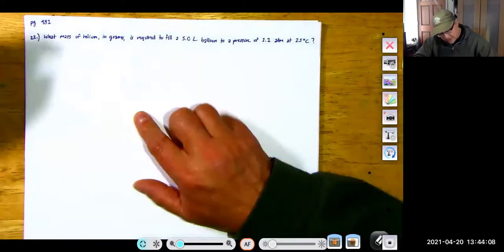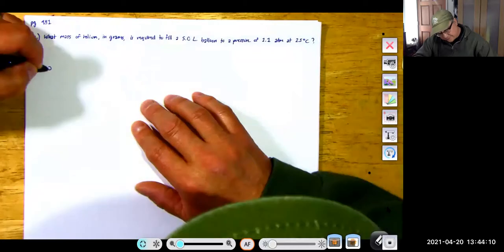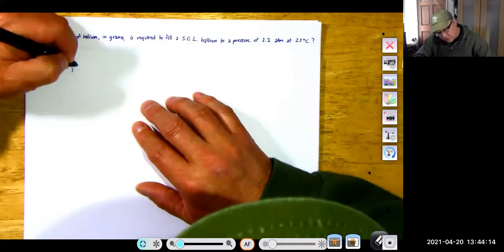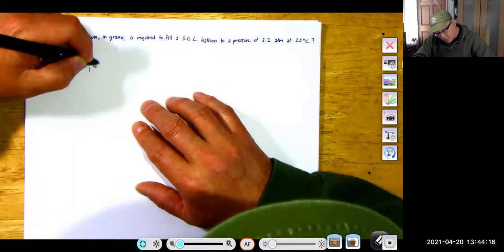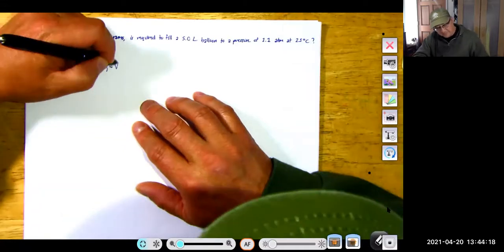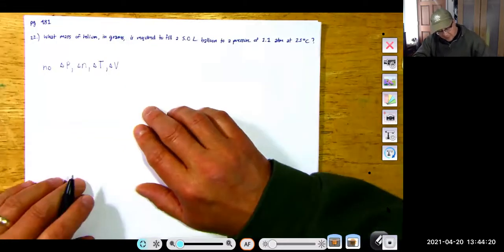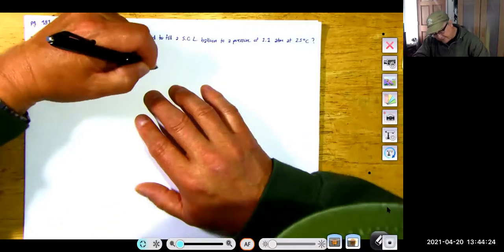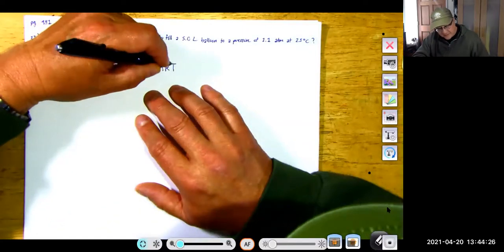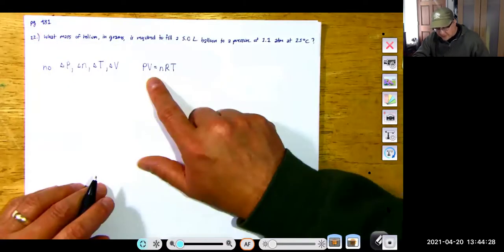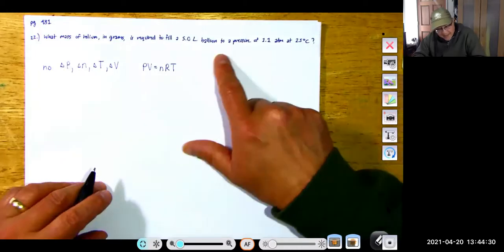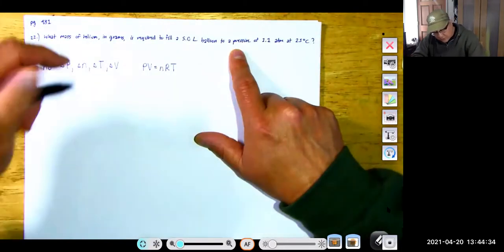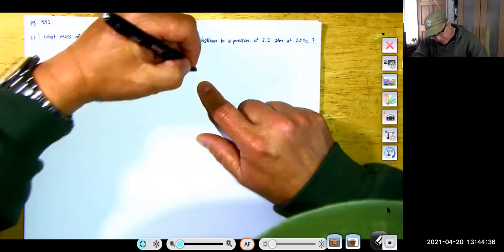So here, there's no change in pressure, change in moles, change in temp, or change in volume. Because of that, we're going to use the ideal gas law, PV equals nRT. Now, for PV equals nRT, they want us to know what mass of helium in grams is required. So what we're going to do is calculate the moles.